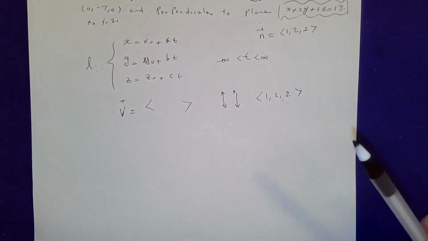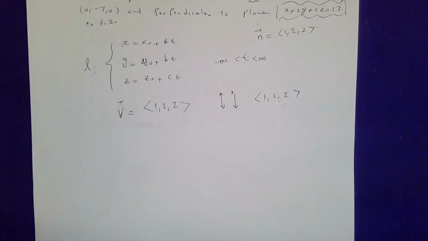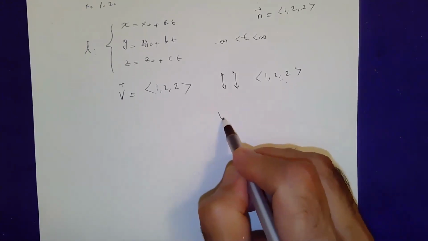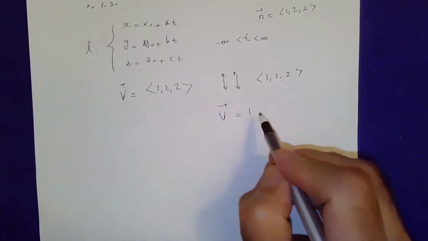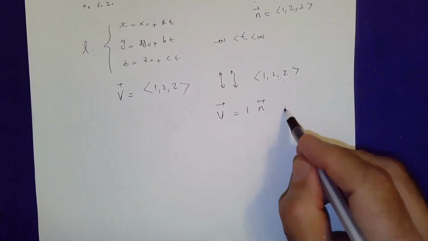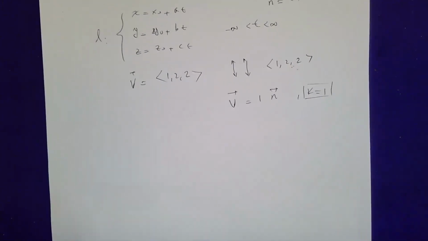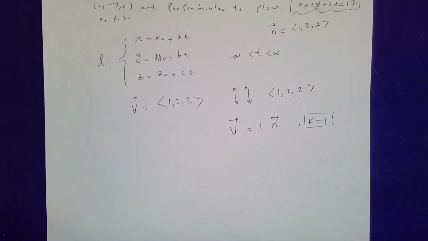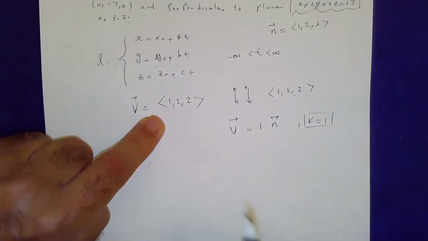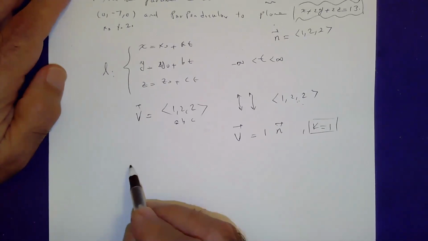Or, wait for it, how about 1, 2, 2? Would that work? Why? Because you're saying V is 1 times N. That would work too. So in other words, you decide that k is equal to 1. Usually people just take k equal to 1 and get the problem over with. So there it is. You got your ABC. You got your point. What are we waiting for?